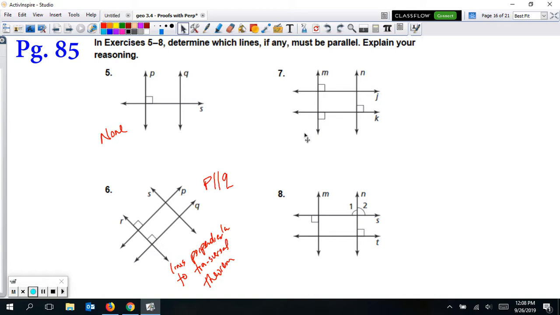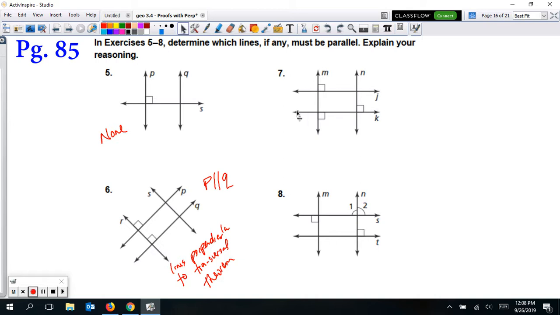If you come up here on number 7, we can see we have three marks here for the 90 degree angles. We can focus on these 2. It doesn't matter, you can focus on whichever ones you want first, but if you think of M going through here as a transversal, M is perpendicular to J right there. M is also perpendicular to K, so that's going to definitely tell us that J and K are parallel.